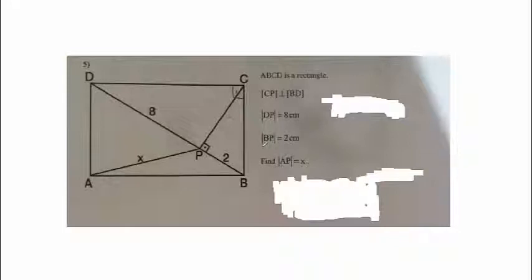this length AP, and the question gives us this length DB as 8 and this length PB as 2. So let's start. We need to find this length in order to find this length too. So we have a theorem.